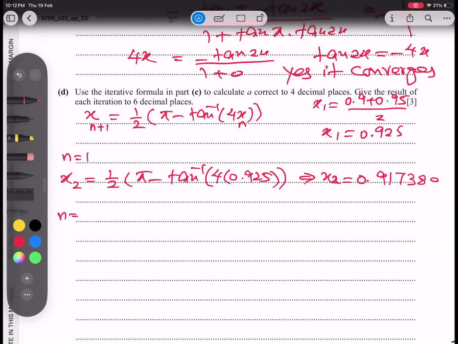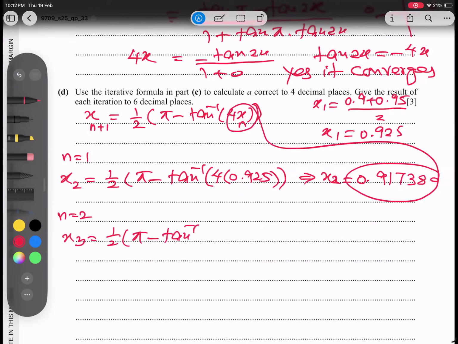Now first I replaced n by 1, and now I replace every n by 2. When I put 2 here, 2 plus 1 gives us 3. So x3 equals 1 by 2, bracket open, pi minus tan inverse, and this value goes in the place of x2. So tan inverse in the bracket 4 times 0.917380.